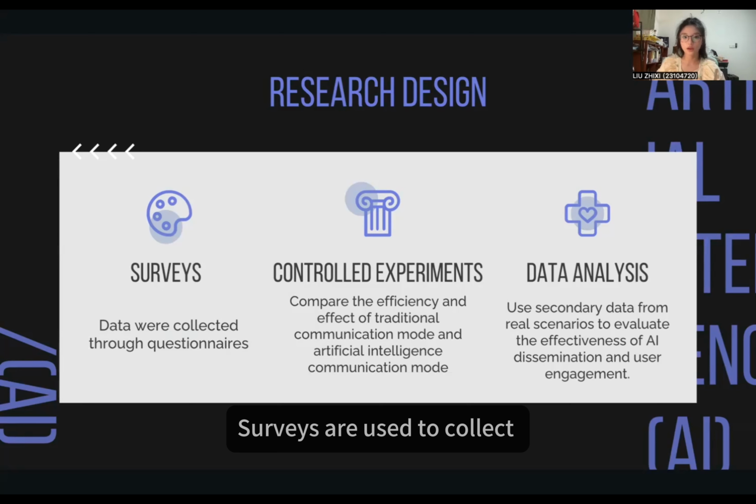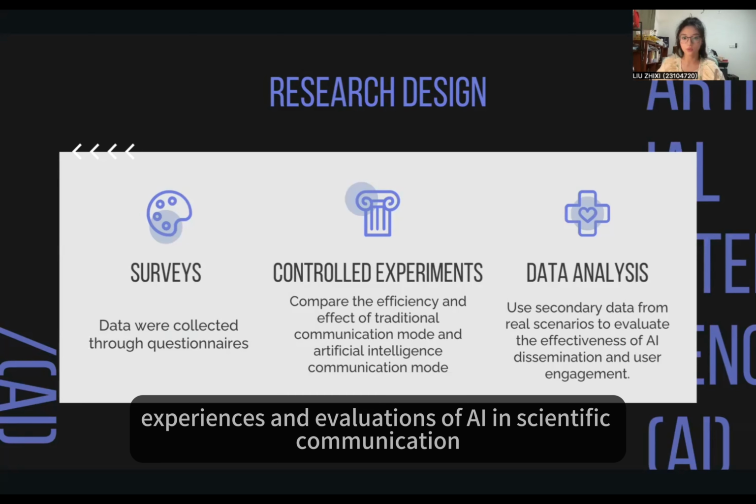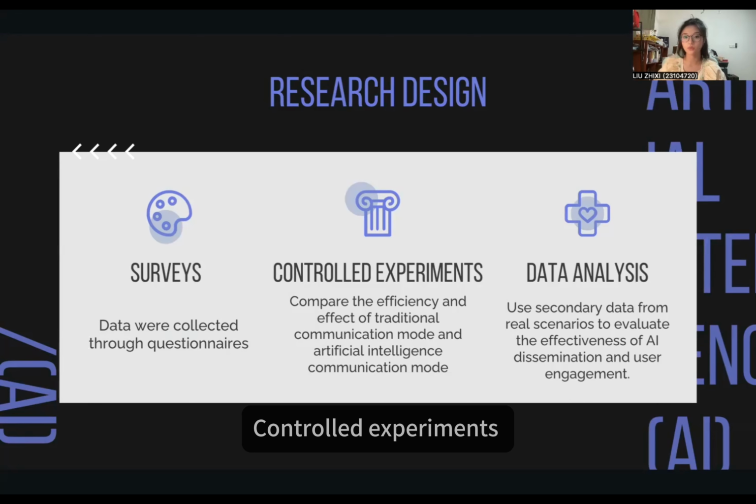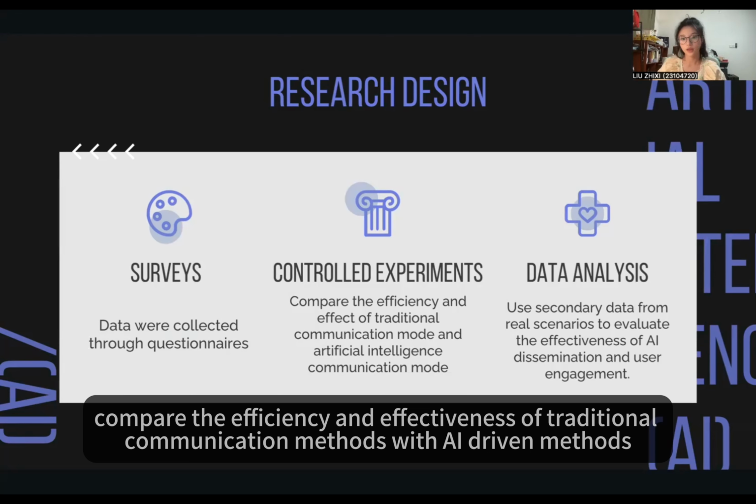Surveys are used to collect broad feedback from scientists, educators, and the general public, analyzing their experience and evaluation of AI in scientific communication. Control experiments compare the efficiency and effectiveness of traditional communication methods with AI-driven methods.